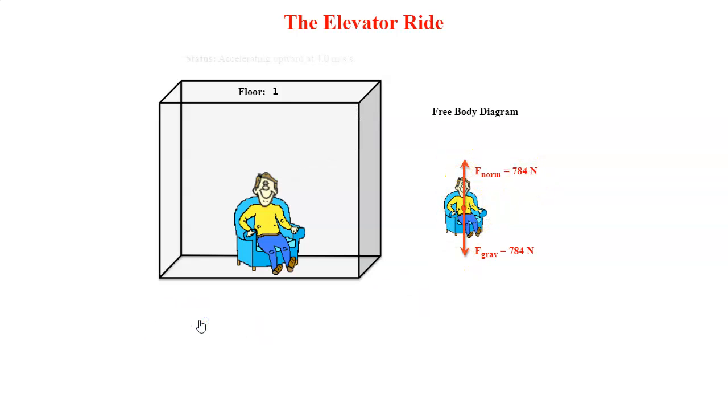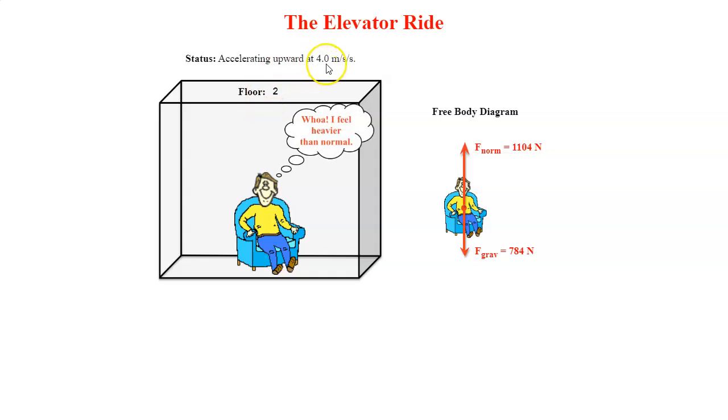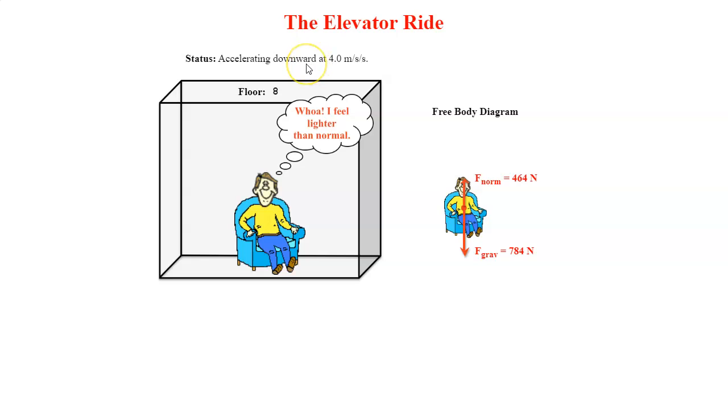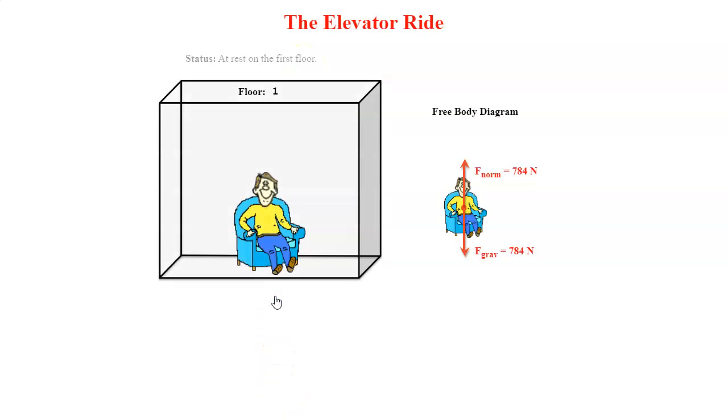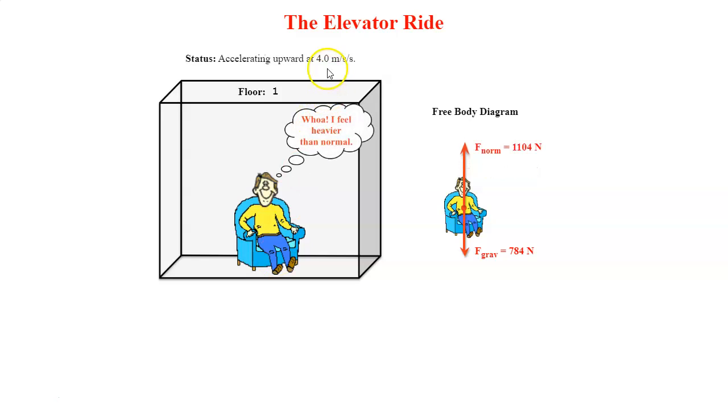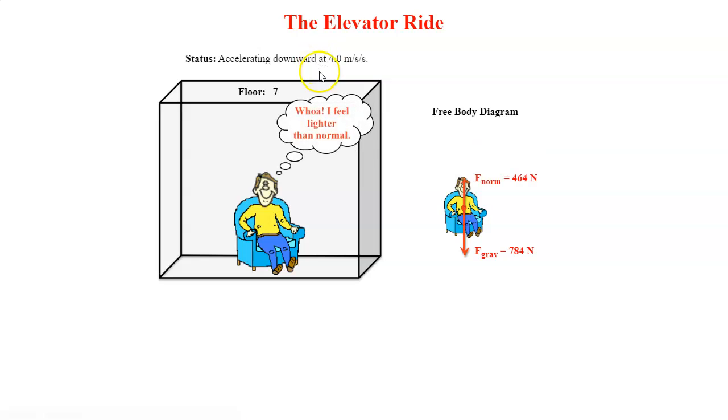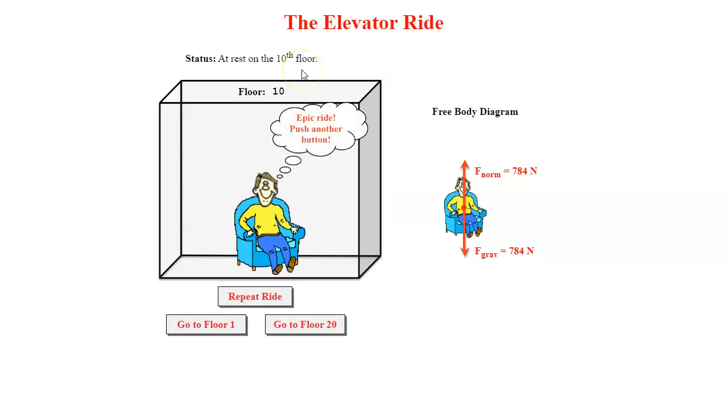When we go to floor 10, right now we're accelerating, and then accelerating downward. So if you let this thing play, this tells you what's going on. We could repeat the same ride if we wanted to. Notice when we're accelerating, the normal force went up, a positive acceleration, in other words, upward acceleration. And downward acceleration means negative, when it describes it there.